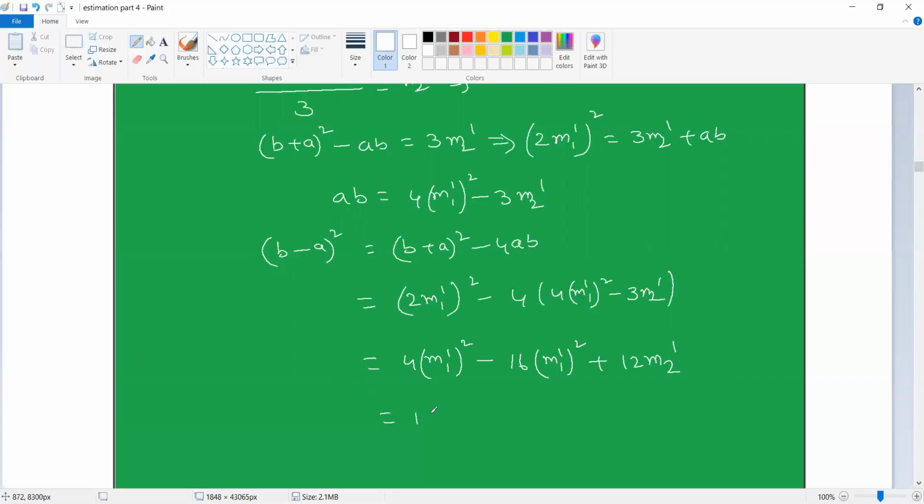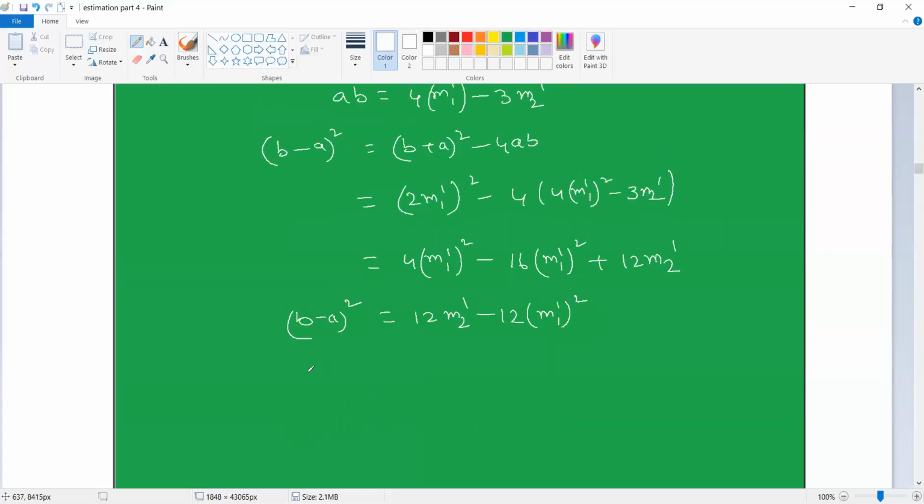Now 12 m2 dash minus 12 m1 dash whole square, that is b minus a whole square. So b minus a is equal to the positive square root of 12 m2 dash minus 12 m1 dash whole square.